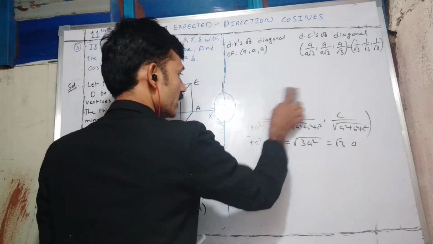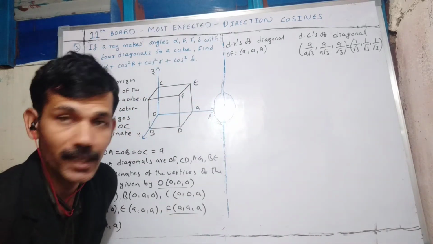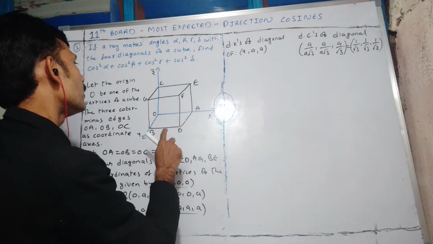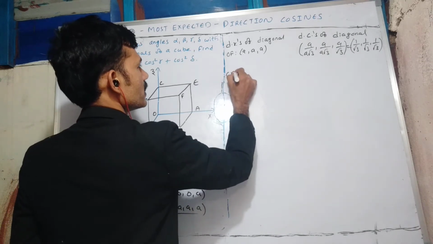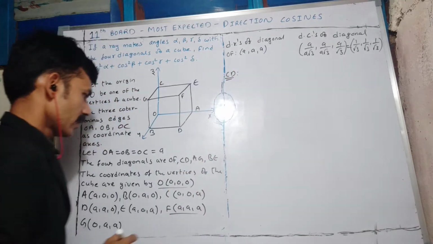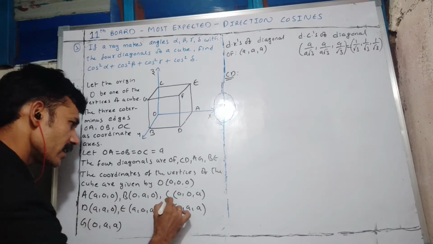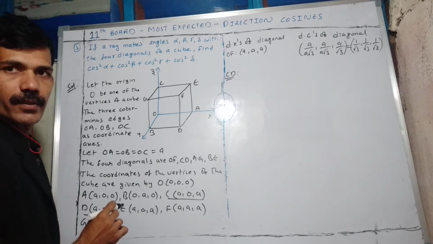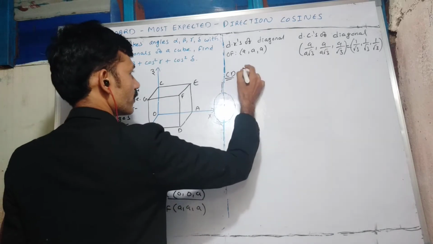Similarly, we have to find the direction cosines of the other diagonals. Now CD we will find. Direction ratios of CD: C is here, D is here.